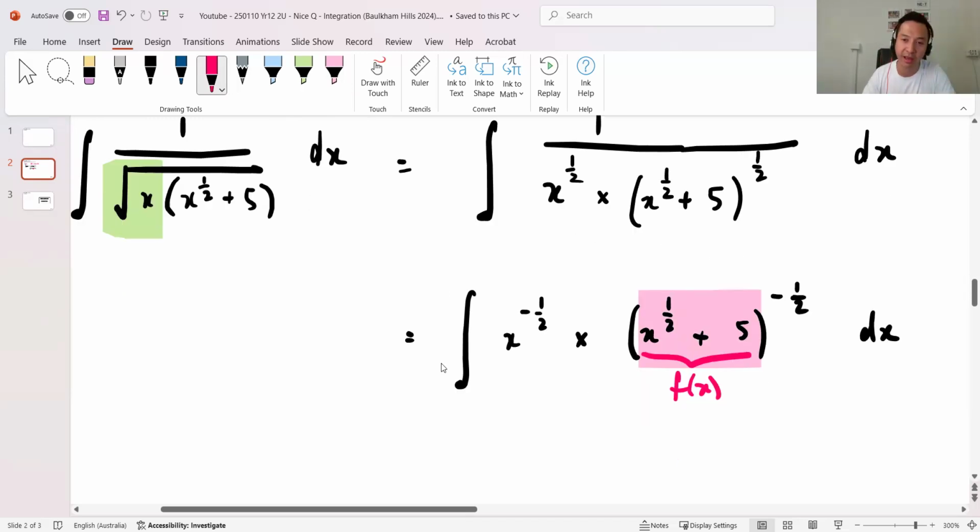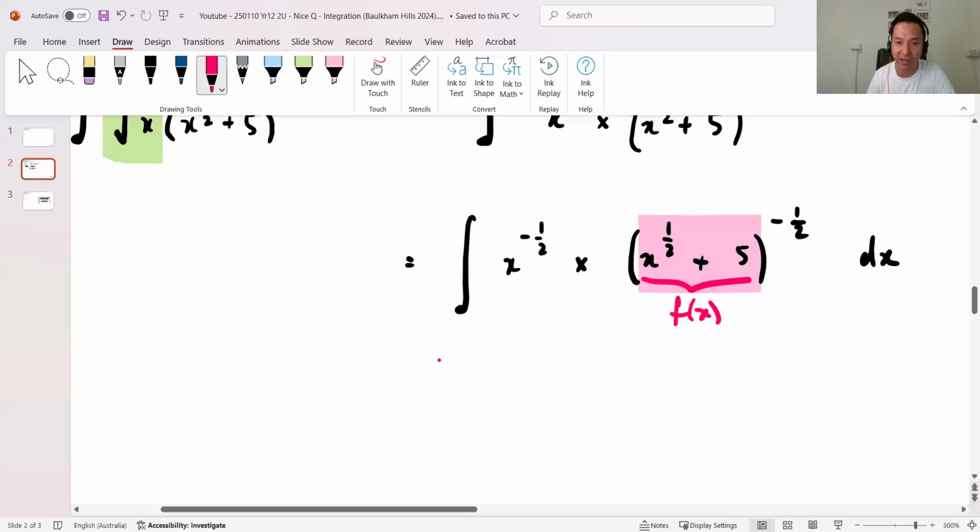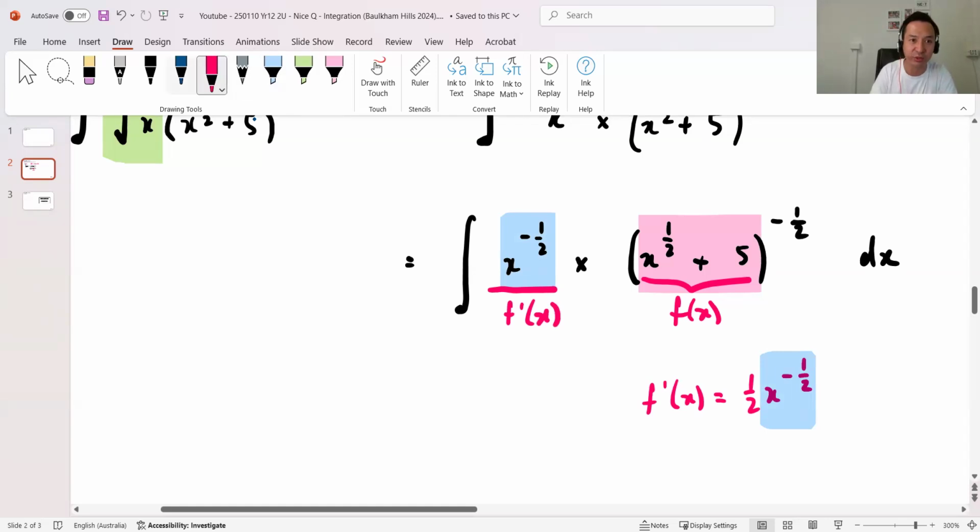So at this point, if this is f(x), then f dash x is equal to, for those that remember, differentiating x to the power of half, bring down the half, minus 1 to the power. Now, this is already there. So to make this use the reverse chain rule, I need f dash x there. I need to introduce a 2 there, and then bring out a half to make it integrable.